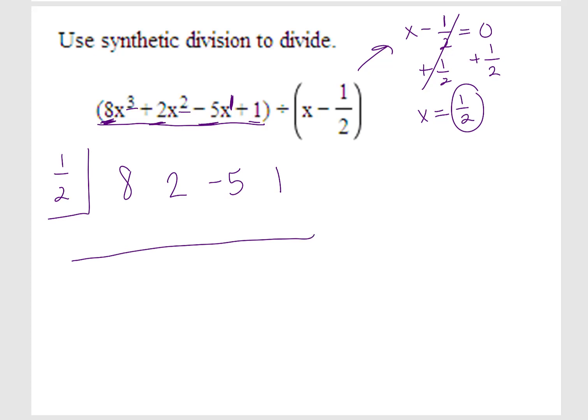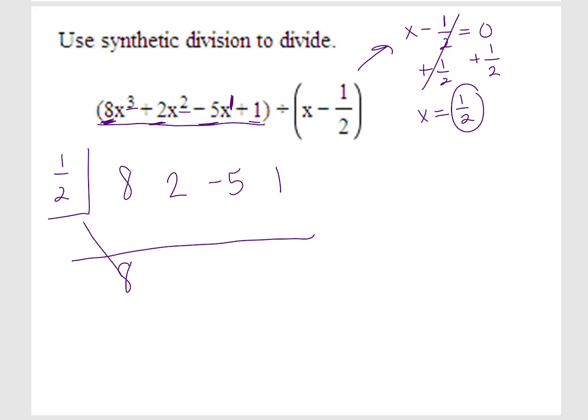Okay, so drop that first number, 8. 1/2 times 8, you can punch that into your calculator, so don't get flustered with fractions. Just go ahead and punch it into your calculator and let it calculate for you.